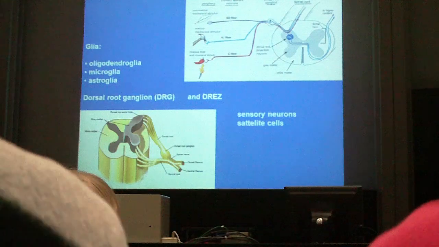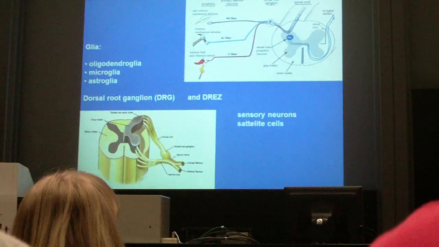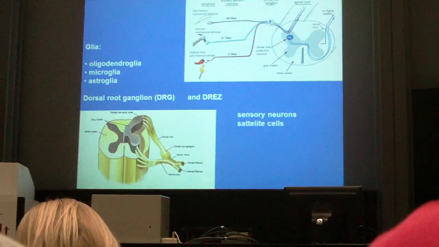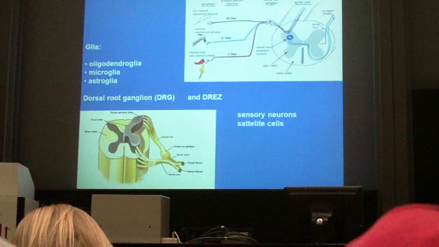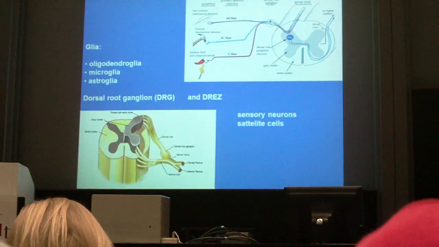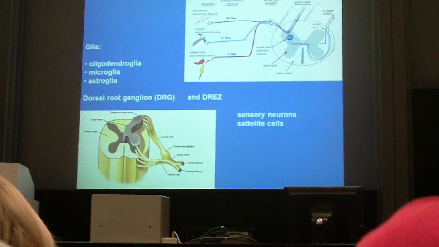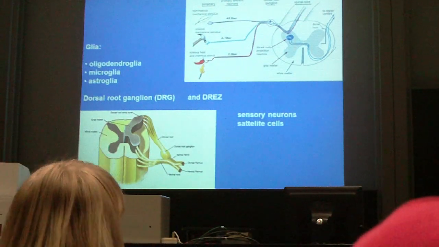Now if you go to the afferents, you can see here 3 types of afferents. You have these unmyelinated C fibers, all entering this dorsal area. There are A delta fibers, thinly myelinated fibers, and A beta fibers.